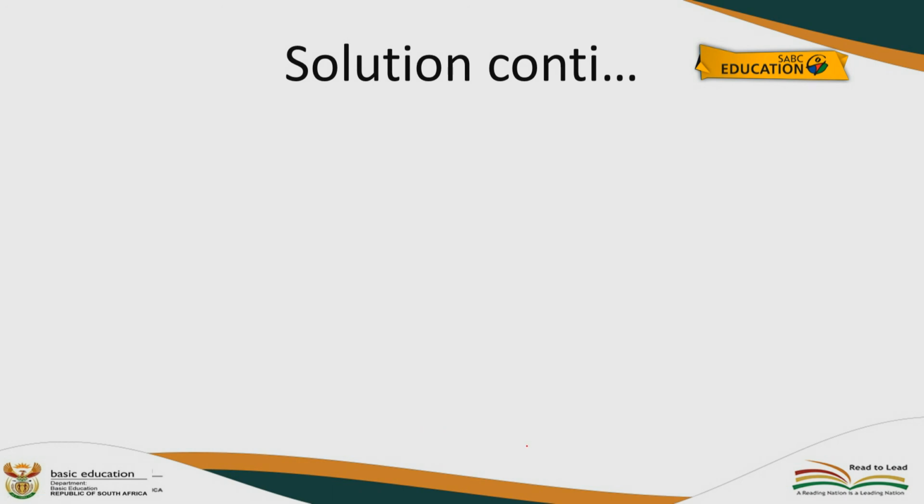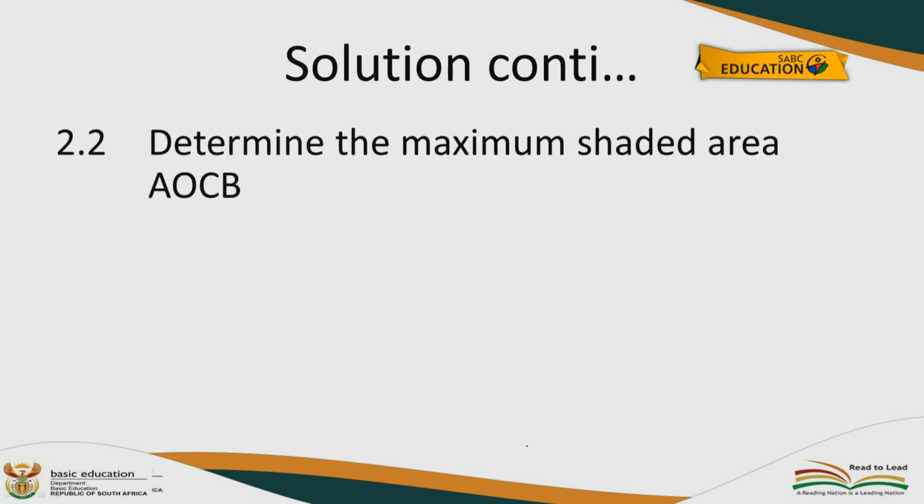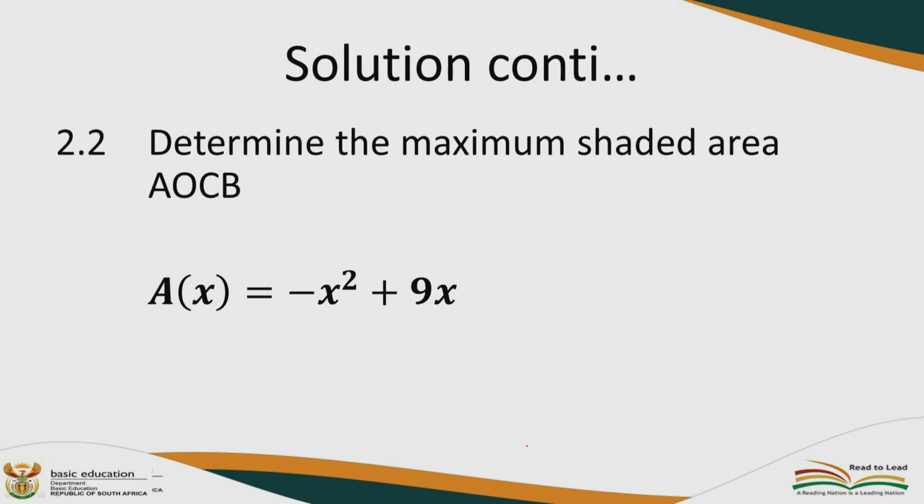Now, for the very last question of the day, they want us to determine the maximum shaded area, AOCB. So we're going to take the expression for the shaded area. The expression for the shaded area we said was negative x squared plus 9x.